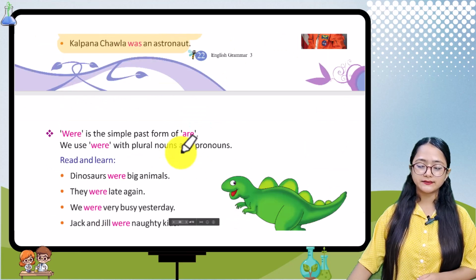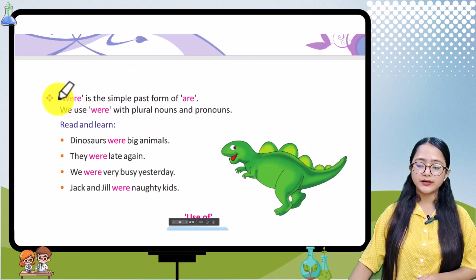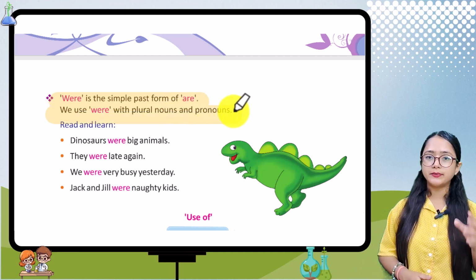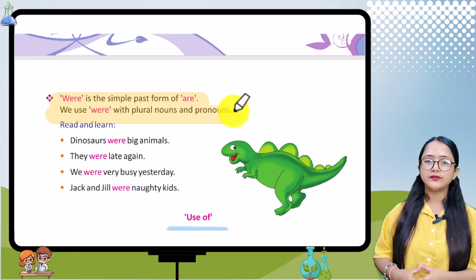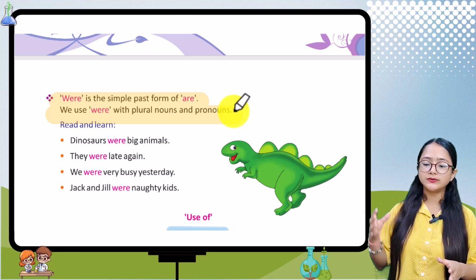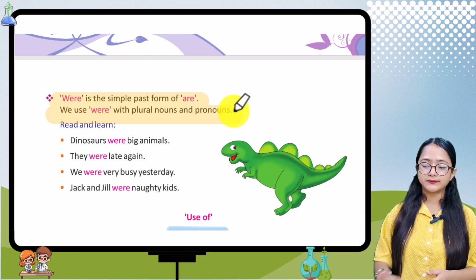Now next is were. Were is the simple past form of are, and we use were with plural nouns and pronouns.